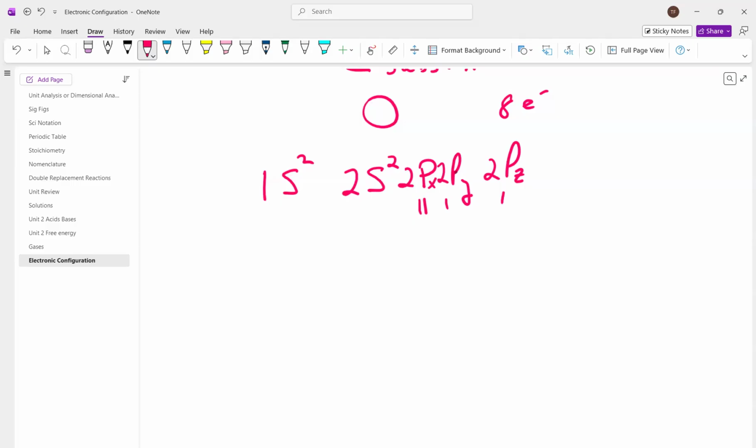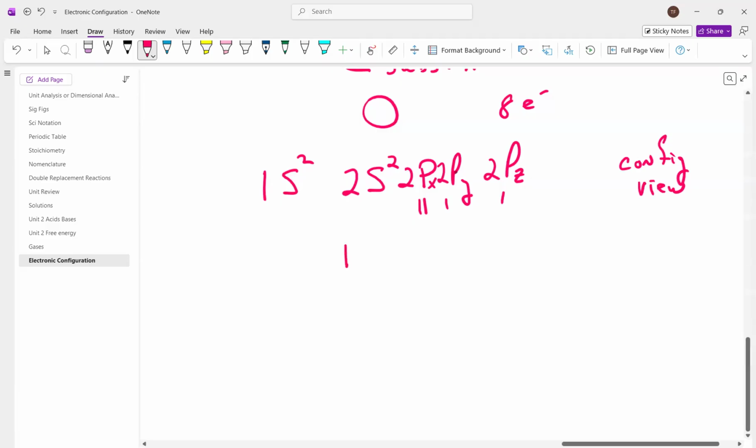Okay, so how are we going to write this? Okay, so this is the electronic configuration view. So we're going to write this. And we're going to put the X, Y, Z together when we do the configuration view.